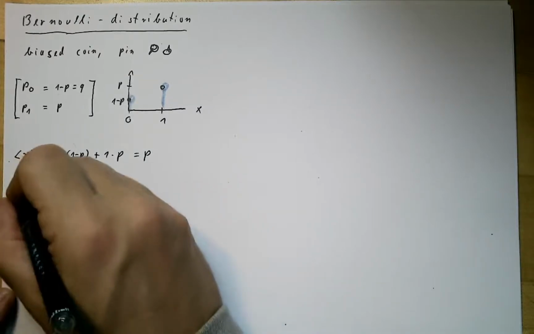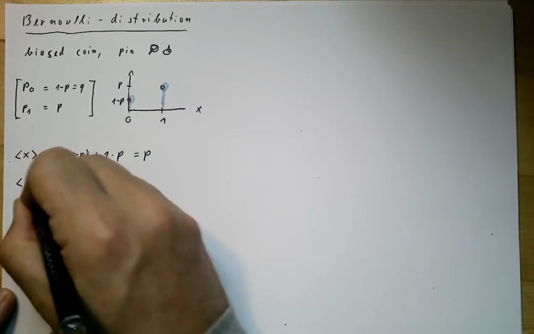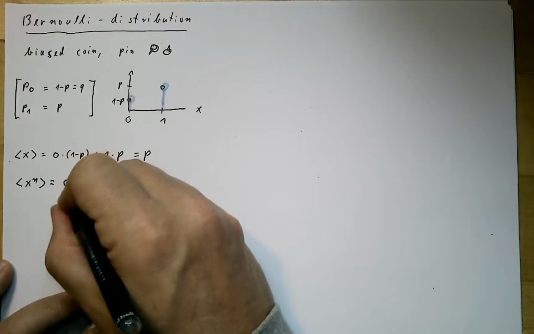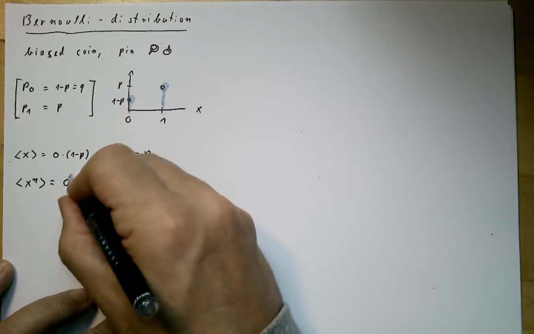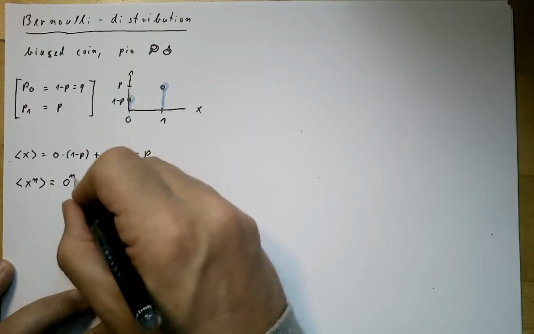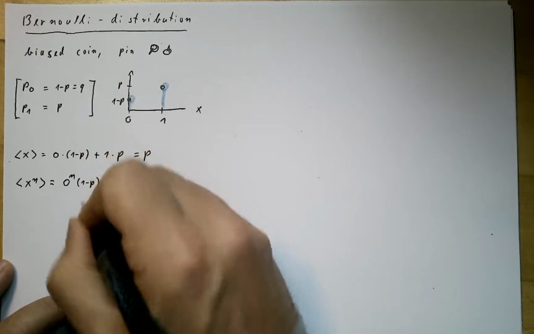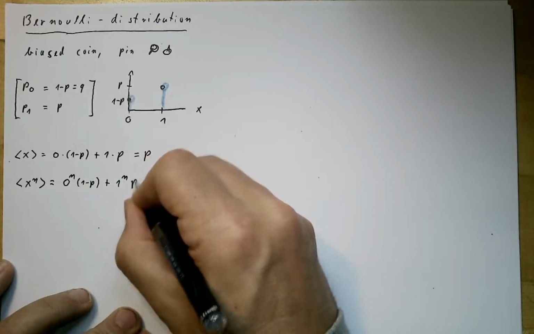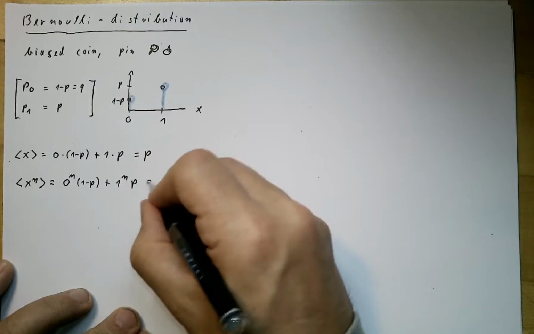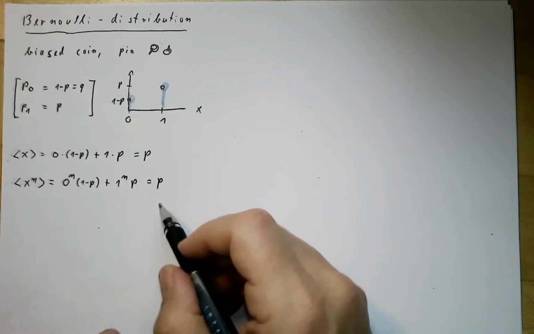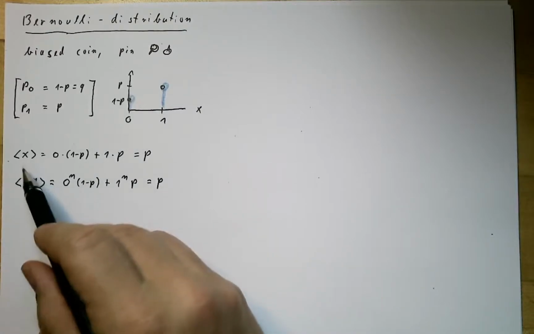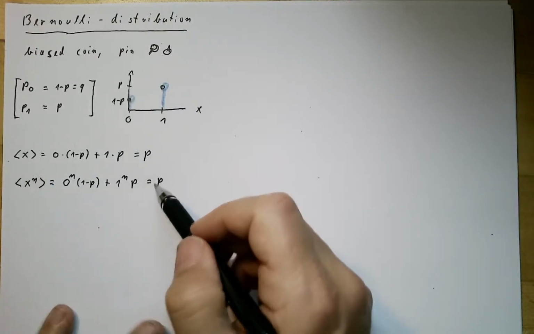Let's look for the higher moments. We have 0 to power n times 1 minus P plus 1 to power n times P. And this gives again P. So in this simple example, all moments are just P.